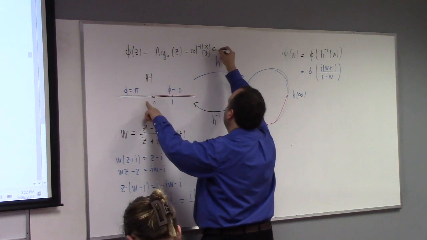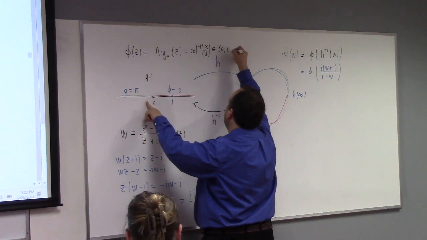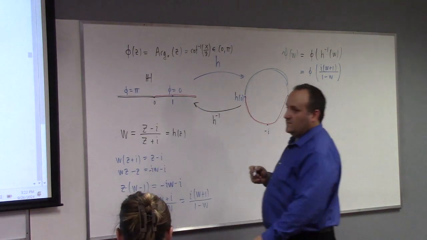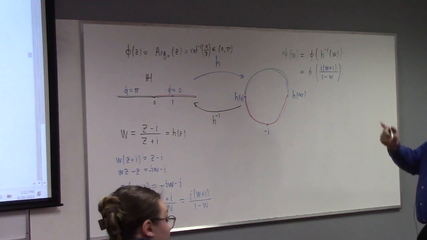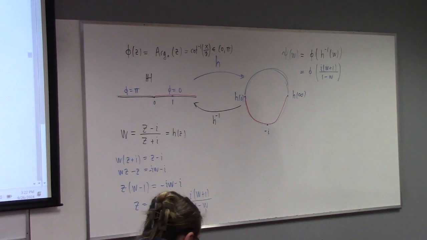That will be an element of 0 to pi, not inclusive, because that's the inverse cotangent I use. So there's a stone-cold formula for the arg sub 0 in the upper half plane.